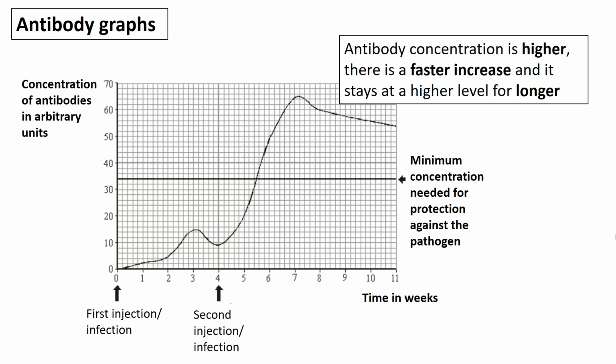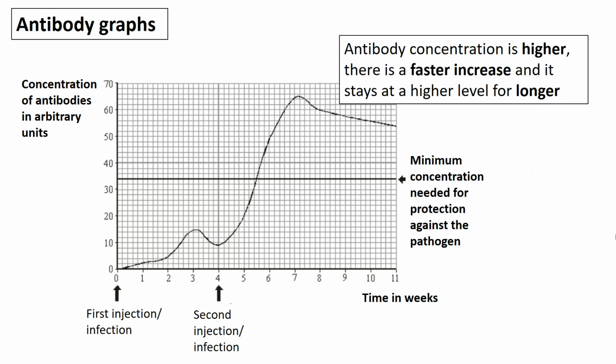And here you can see what it might look like after your first injection of a vaccine or an infection by a pathogen, and the second injection of your vaccine or the actual infection itself. So you can see the concentration of antibodies in your first injection of a vaccine starts to rise, it goes up, and then it starts to drop off.